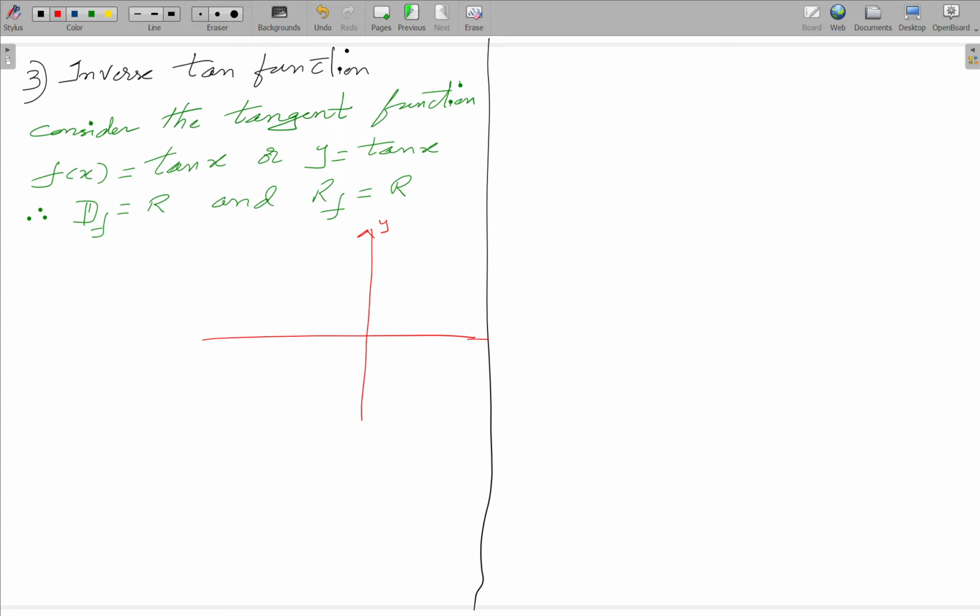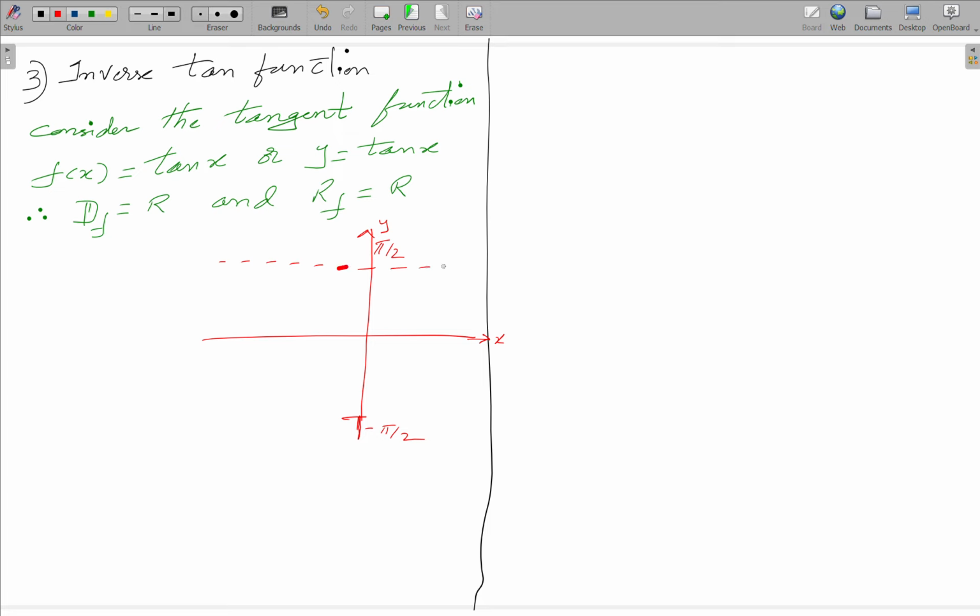This is the y axis, this is the x axis, and here it is. This is pi by 2, and this is minus pi by 2.